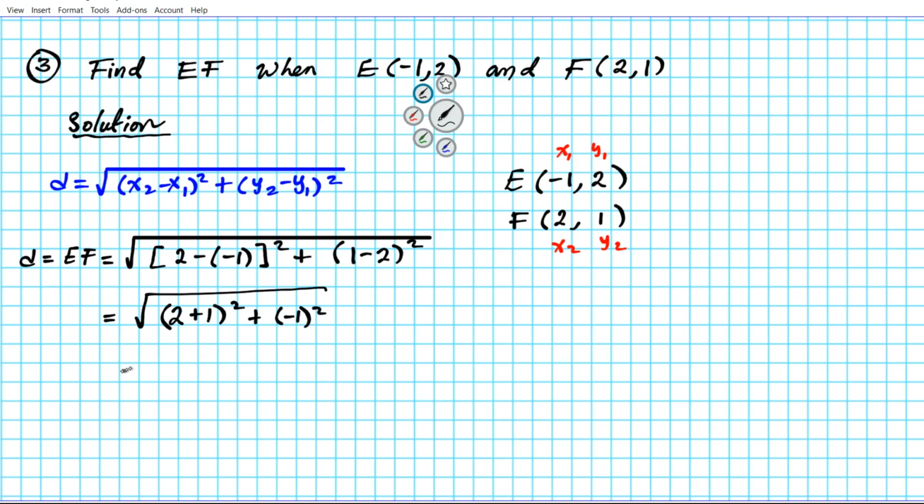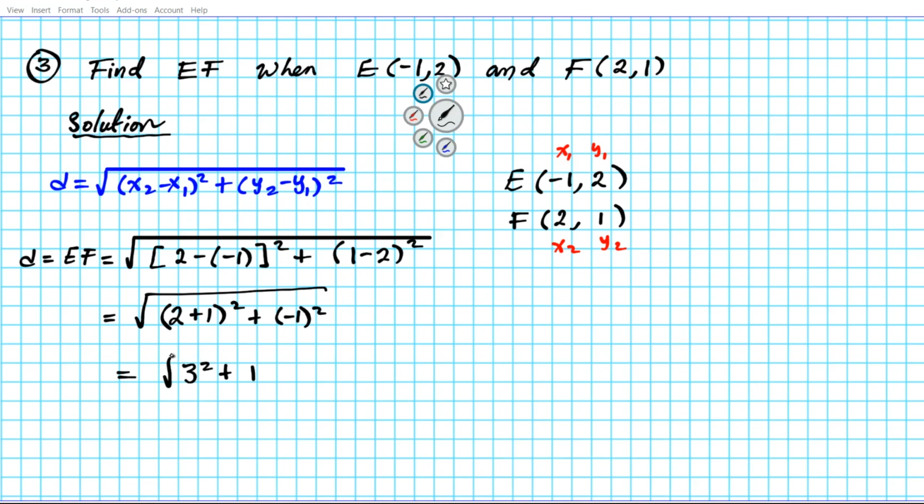Simplifying further, we're going to have 2 plus 1, that's 3. So 3 squared plus negative 1 squared. Negative 1 squared is just going to be 1. Okay.